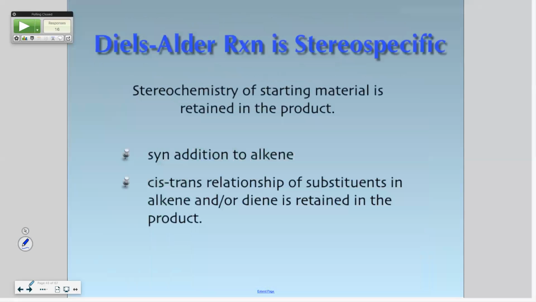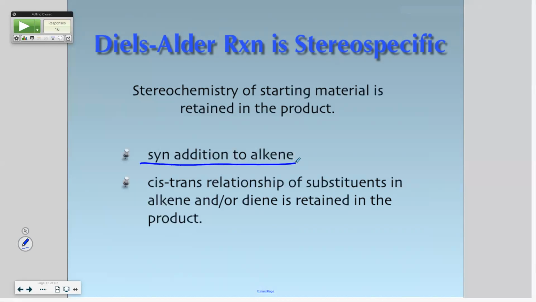It's weird. Okay. The Diels-Alder reaction is stereospecific. I might have told you that already. The stereochemistry of the starting material is retained in the product because there is syn addition to the alkene. The cis-trans relationship of the substituents in the alkenes and or the dienes are retained in the product.